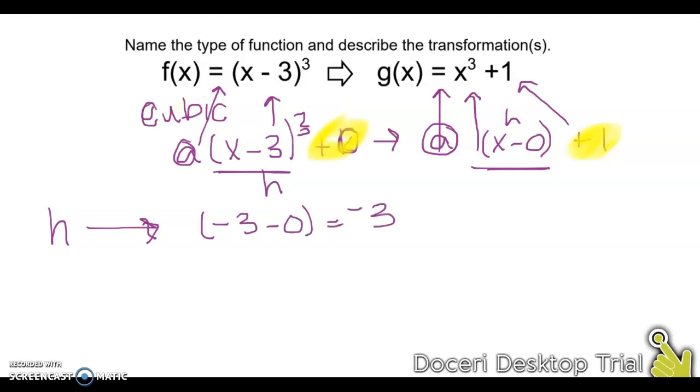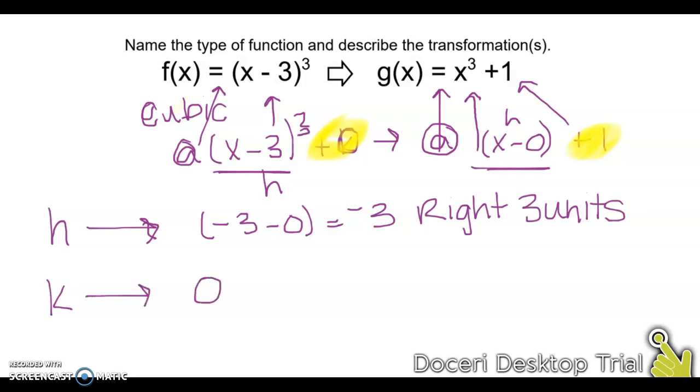Negative means we're going to move to the right 3 units. Okay? How did our k change? Well, we went from no k to plus 1 k.